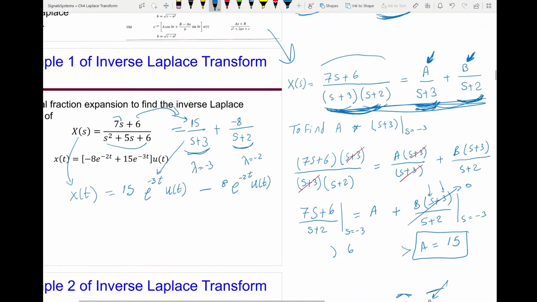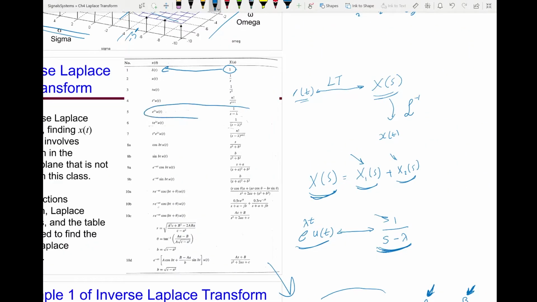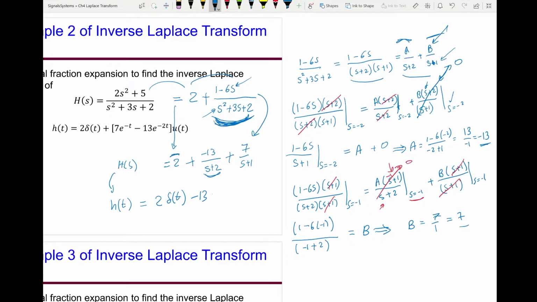Again, from this table. So this will be e to the minus 2t u of t plus 7. So that's 7 times 1 over s plus 1. Here is lambda minus 1. So that will be e to the minus t u of t. And that's the answer. That's the impulse response of the system.